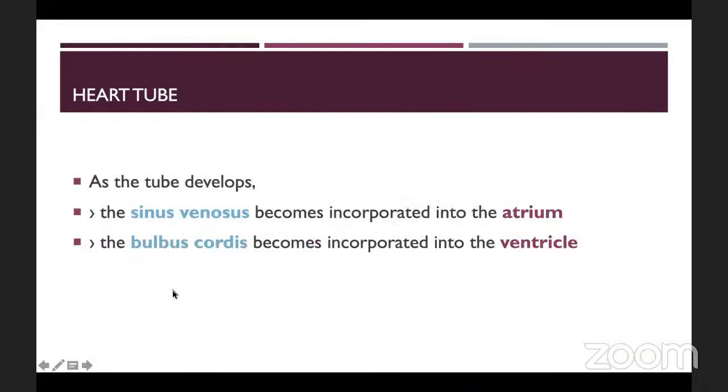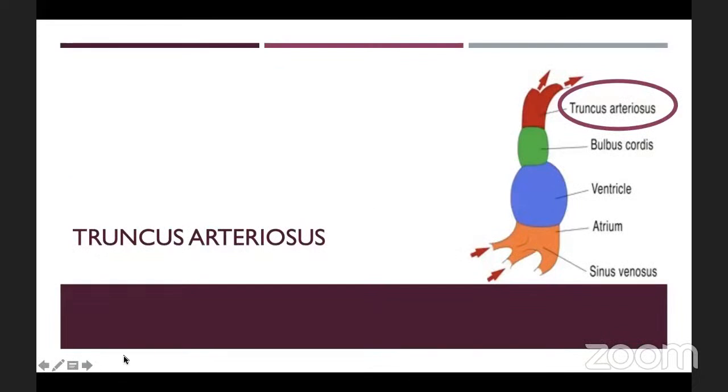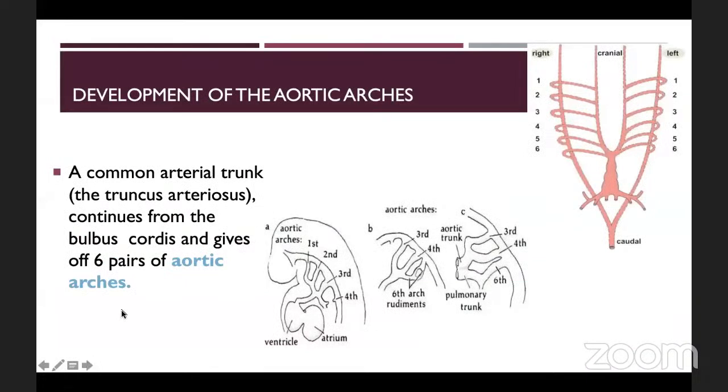As the tube develops, the sinus venosus becomes incorporated into the atrium and the bulbus cordis becomes incorporated into the ventricle. Let's talk about each region in the heart tube, starting with the truncus arteriosus, which is a common arterial trunk.